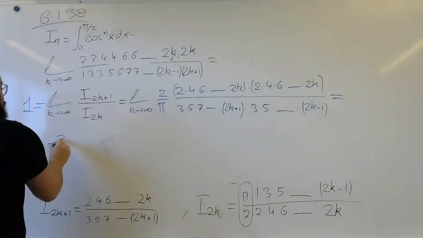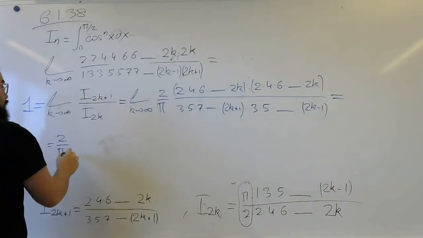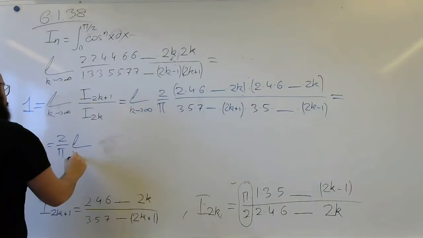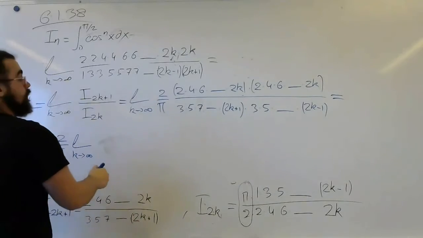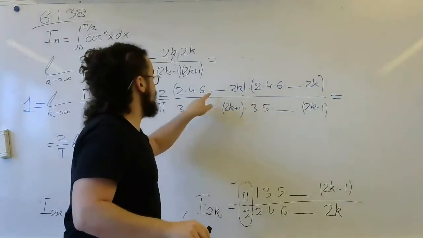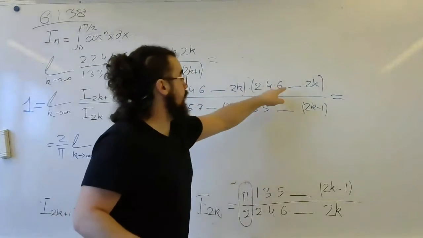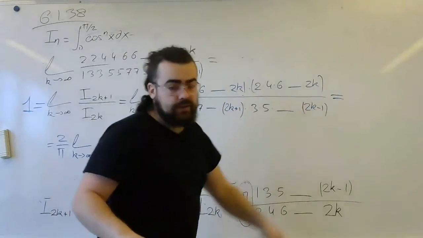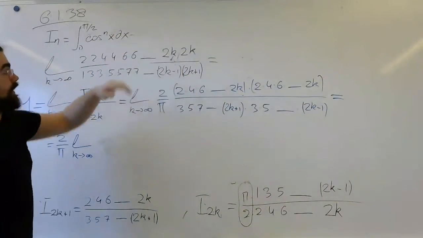So this is 2 over pi times the limit when k tends to infinity of 2, 2, 4, 4, 6, 6, next even number, all the way to 2k. It's this numerator here.